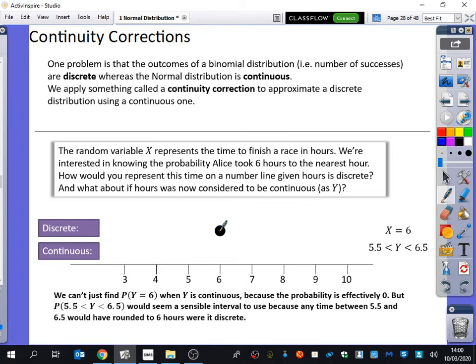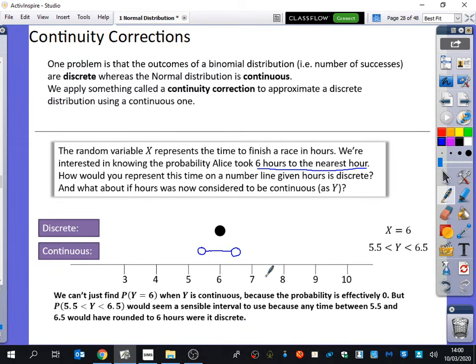However, we also want to think about what this might look like as continuous data. For continuous data, we have said that it was 6 hours to the nearest hour, which means that it could have rounded up from 5.5, or it could have rounded down from 6.5. So actually, if we were to change it to continuous data, it would be from 5.5 to 6.5.